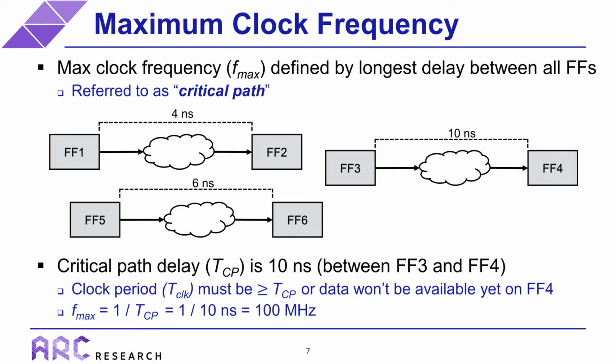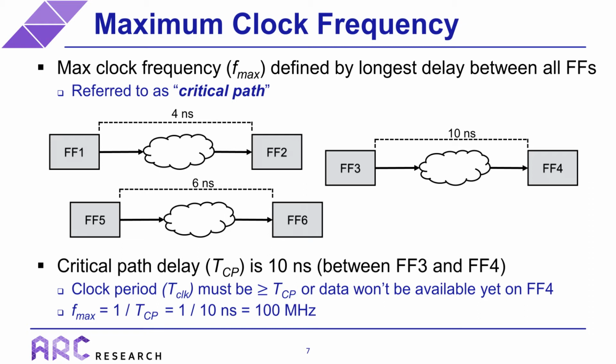To determine this maximum frequency, the timing analyzer performs the analysis we just did on the previous slides to identify the longest flip-flop to flip-flop delay across all the flip-flops in the entire design. Now, the path that has this longest delay is usually referred to as the critical path because it is critically important because the length of that path is what determines the clock frequency for your entire design.